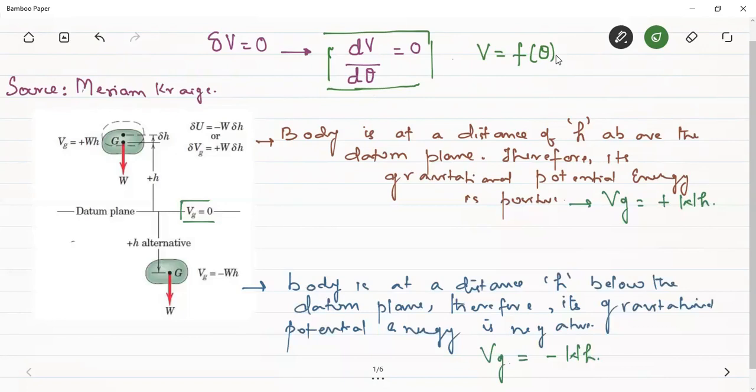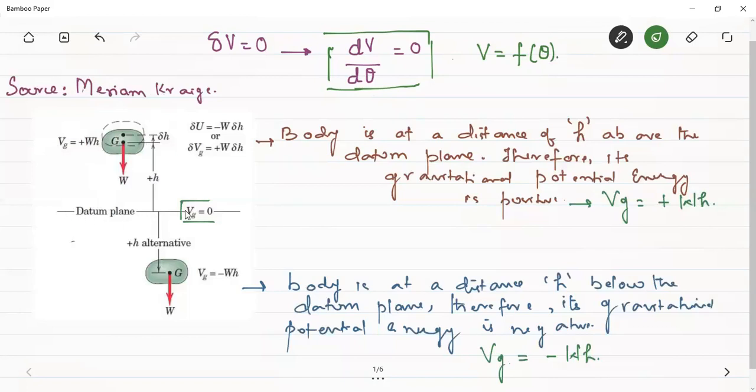Now before writing the equation of the potential energy of any system, we must know the sign convention of the potential energy of the gravitational force and of the elastic force. You can see a schematic here which has been taken from the Meriam text. There is an object, and there is a datum plane.